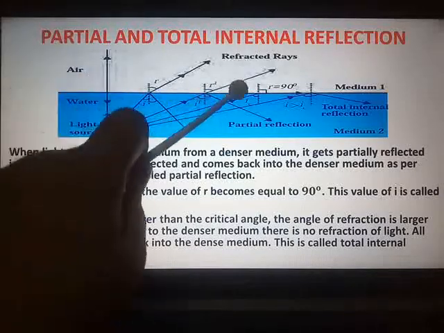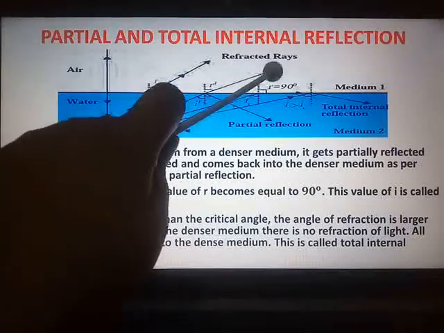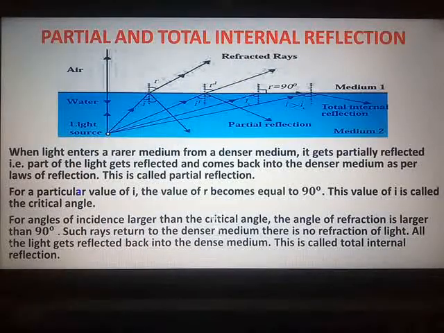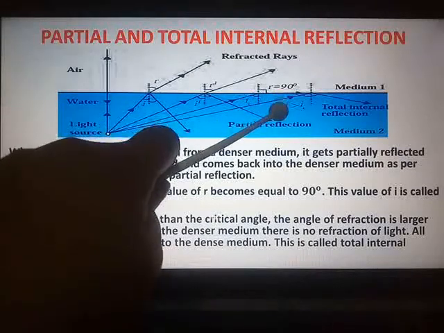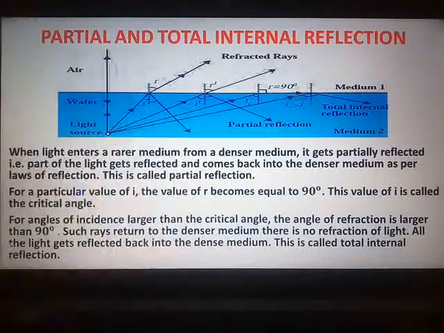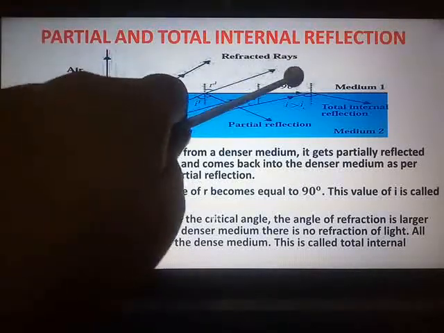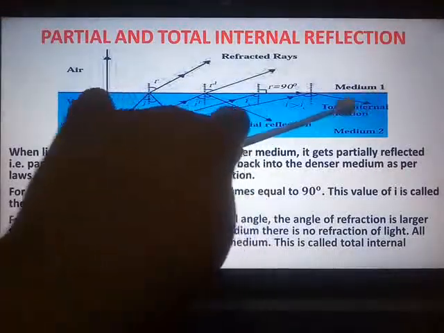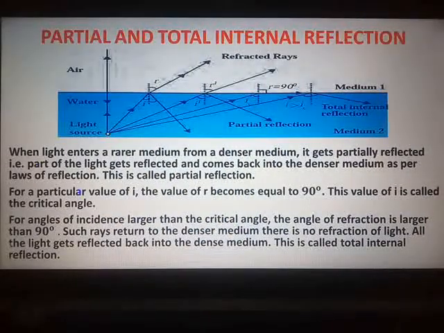For a particular value of I, the value of R will be equal to 90 degree, which is known as critical angle. For angle of incidence greater than critical angle, what will happen? The angle of refraction is greater than 90 degree, and such rays return to the denser medium, and this is known as total internal reflection.